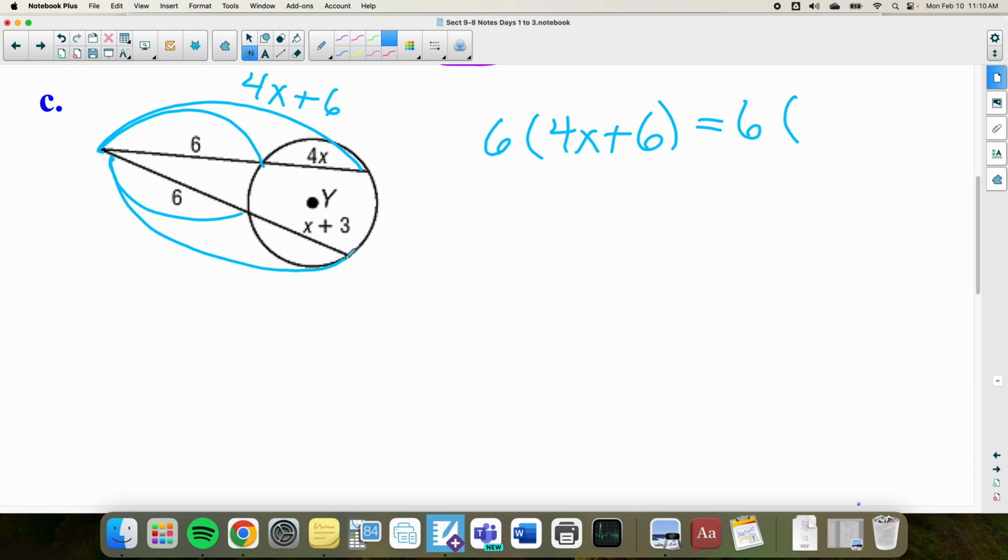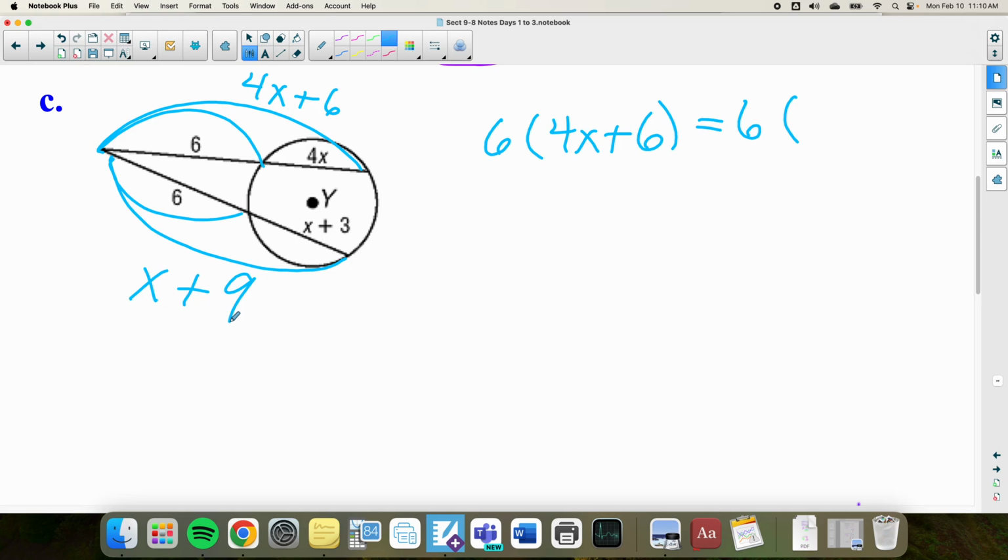Now again, when I add that, I would do the x in front, so I'd go x plus, what do you think it would be? X plus 3 plus 6 would be x plus 9, okay?